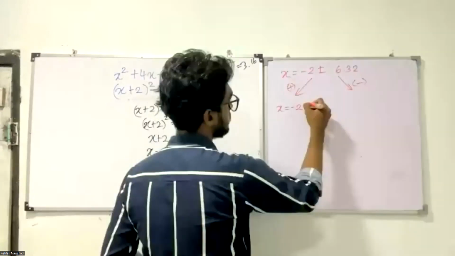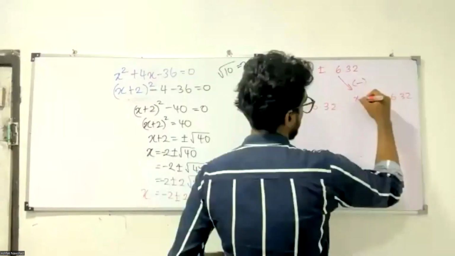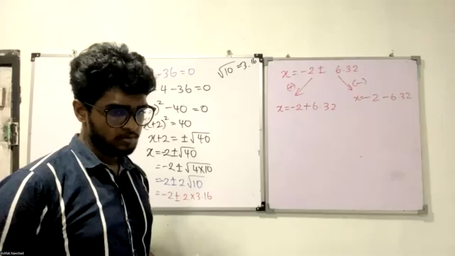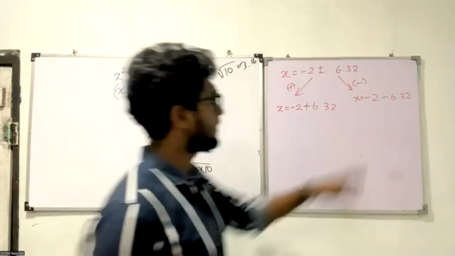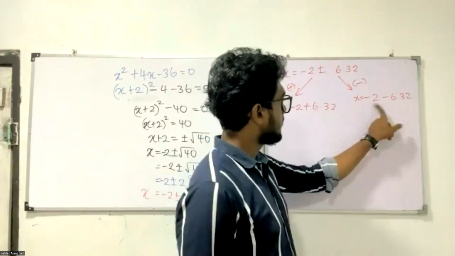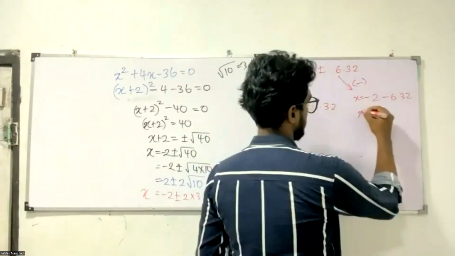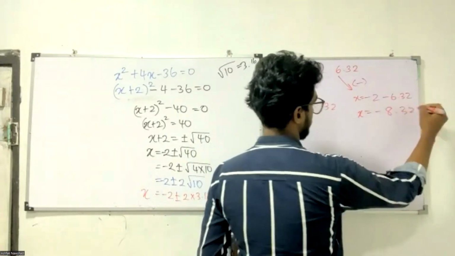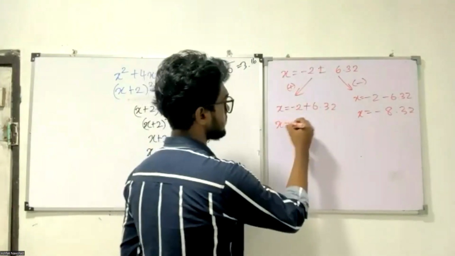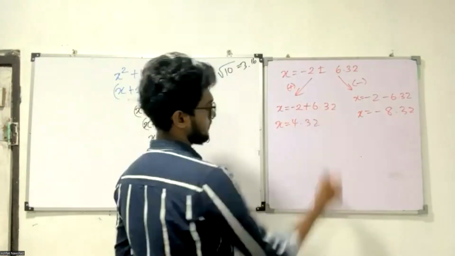The positive one is minus 2 plus 6.32 and the negative one is minus 2 minus 6.32. Which would fit? If we go for the negative answer, this is minus 8.32, and the positive answer is 4.32 if you simplify.